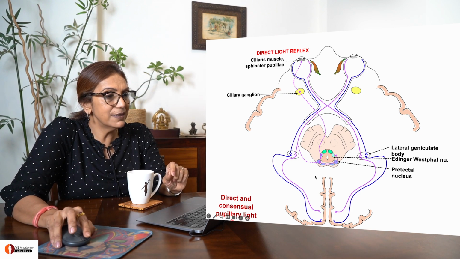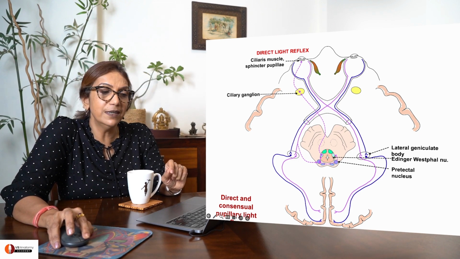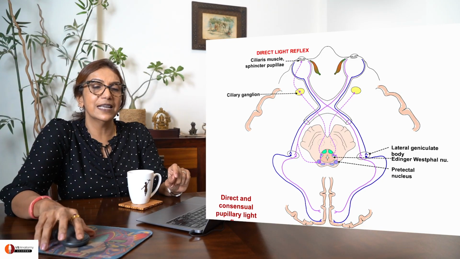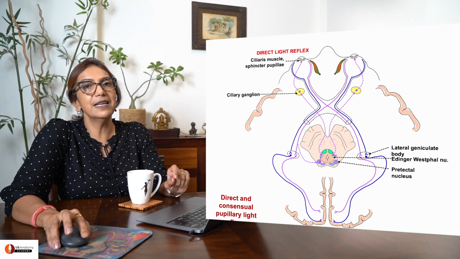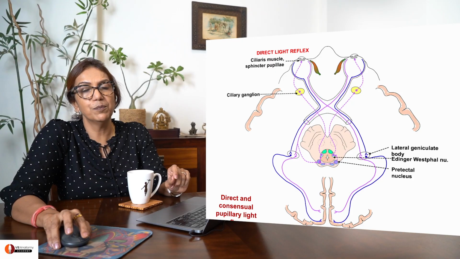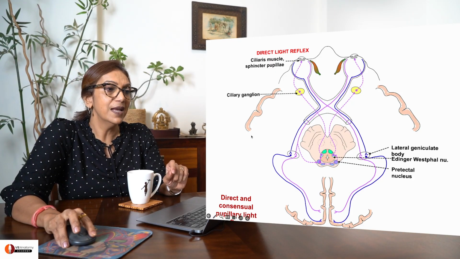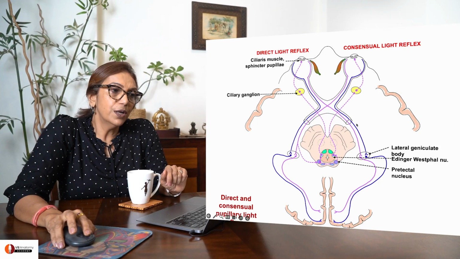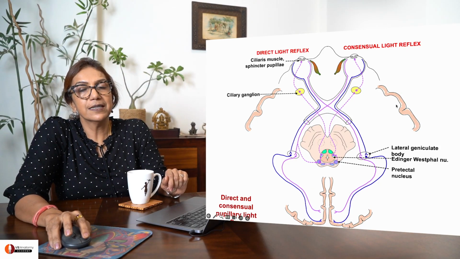But because the other side Edinger-Westphal was stimulated, it also stimulated the other side ciliary ganglion, the other side muscles to contract, and the other side pupil also constricts. This is called the consensual light reflex.